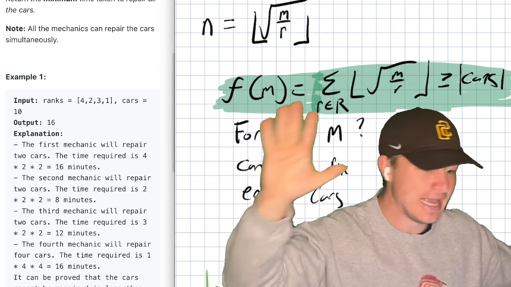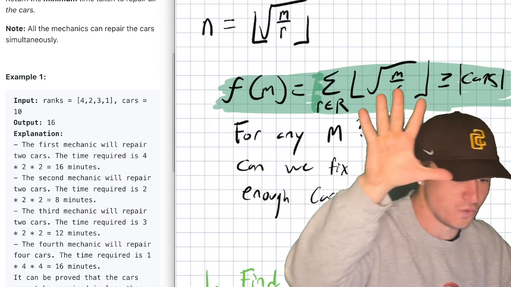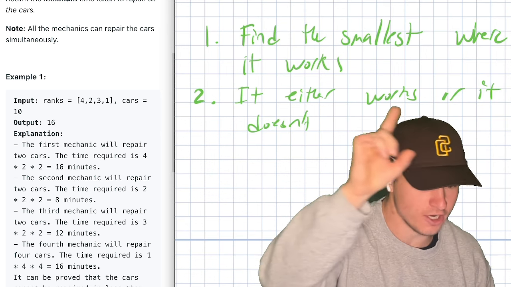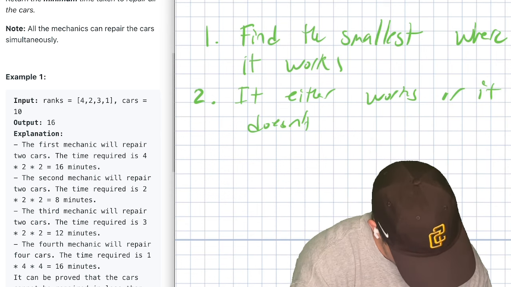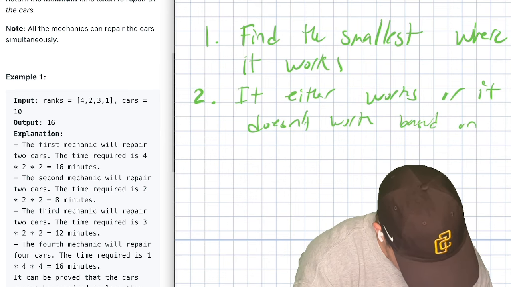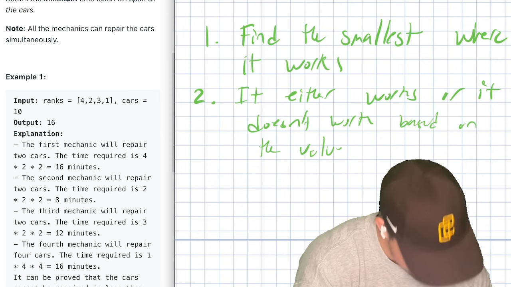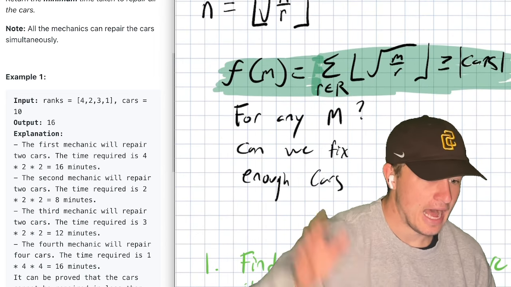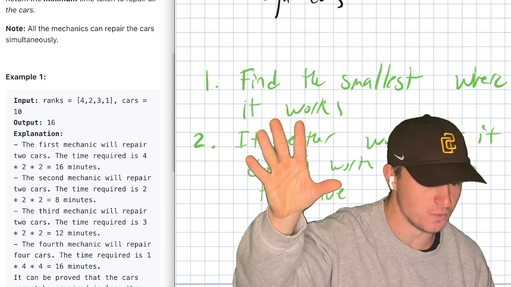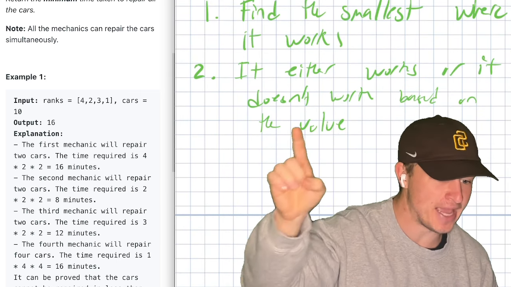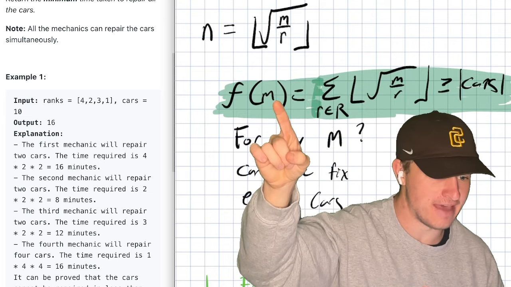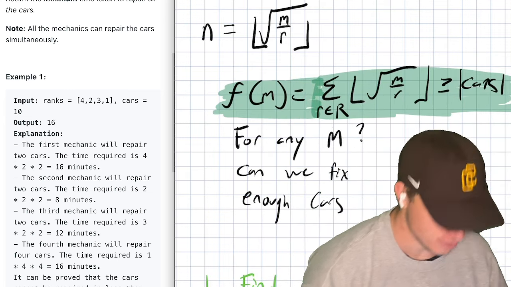I give you M and I can tell you if it works or if it doesn't work. Meaning, I'm trying to find the smallest M where this situation works, and it only depends on M. I just plug in this formula and it tells you, okay?